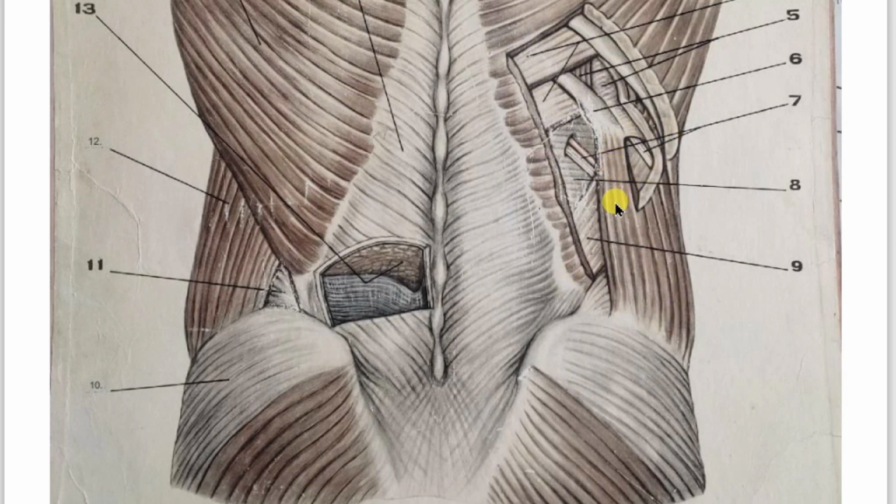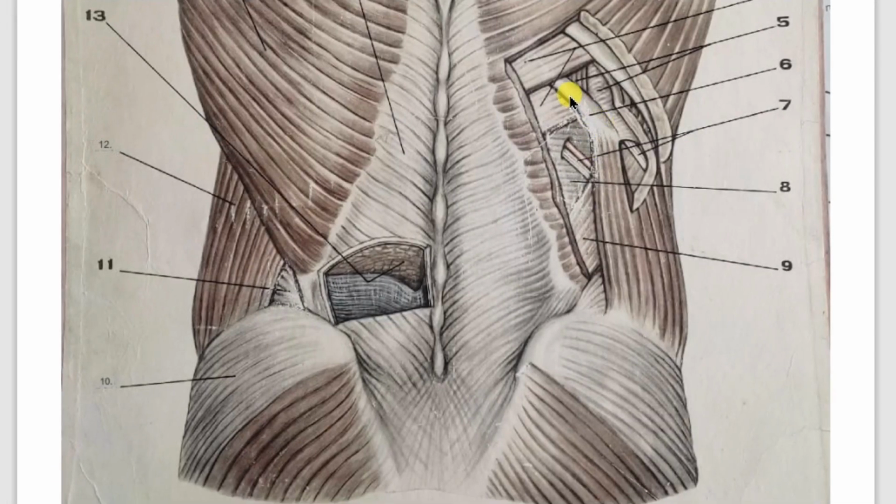Here you can have a look at this triangle. This is the superior one and here the inferior. Let's see its borders that surround this triangle. Here you can have a look at the 12th rib. Here you can see the internal abdominal oblique muscle, and at this side you can see the paraspinal muscles.